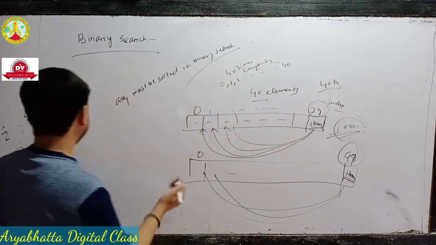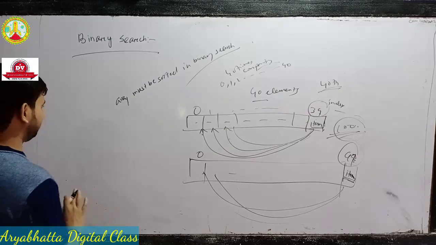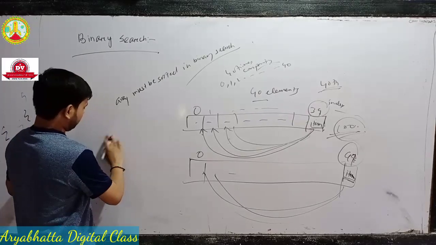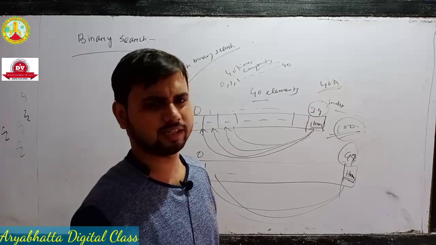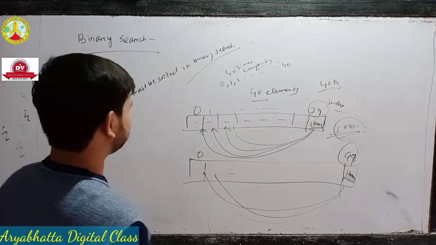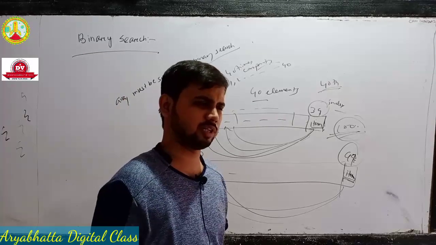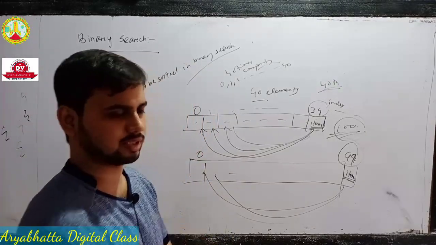I hope you have already done many things about ascending and descending order in chemistry or physics. Ascending and descending means in an organized way.